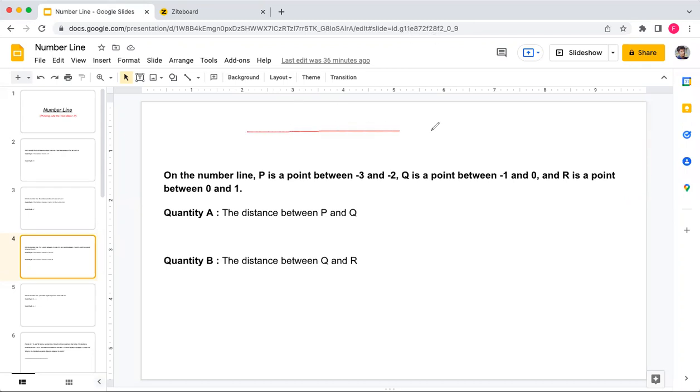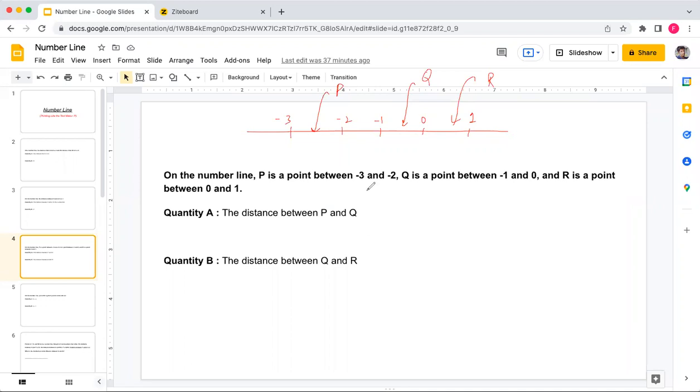Q is between -1 and 0. We have -1 and 0. Q is somewhere here, and R is a point between 0 and 1. So R is somewhere between 0 and 1. And the question is asking about the distance between P and Q and R.